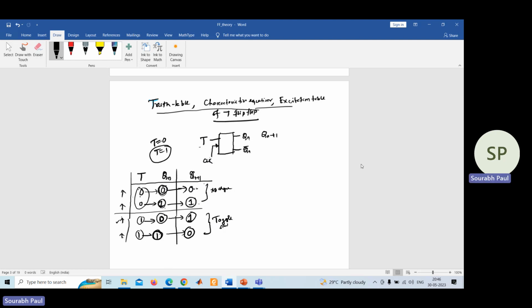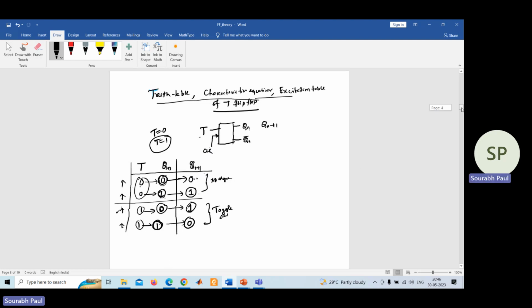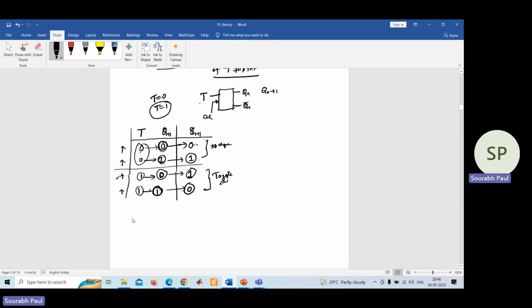So this is the truth table of the T flip-flop, and using this truth table, you can easily find out the characteristic equation. As in the truth table, two input variables are there. You can write down T and Qn, and from there we need to find out Qn plus 1.